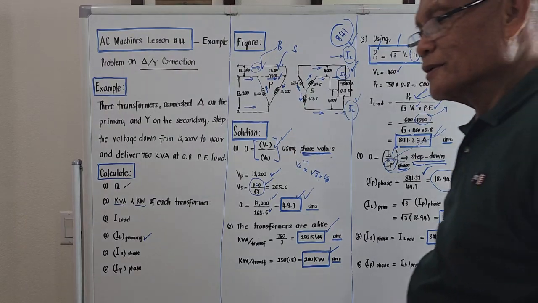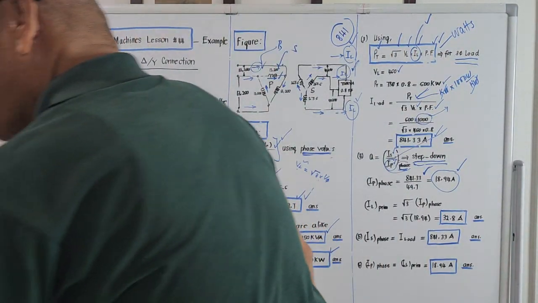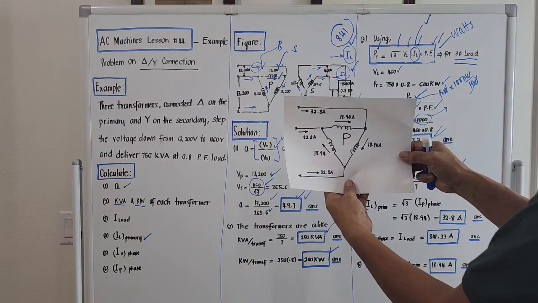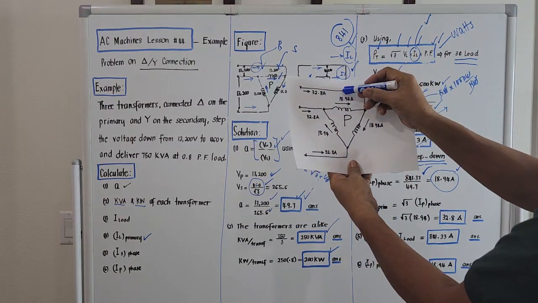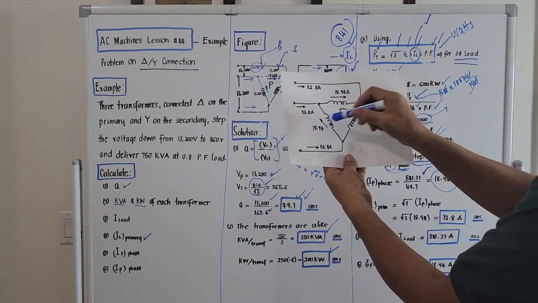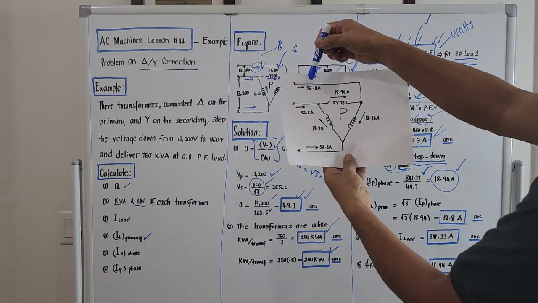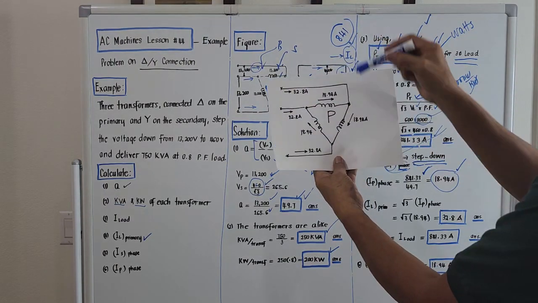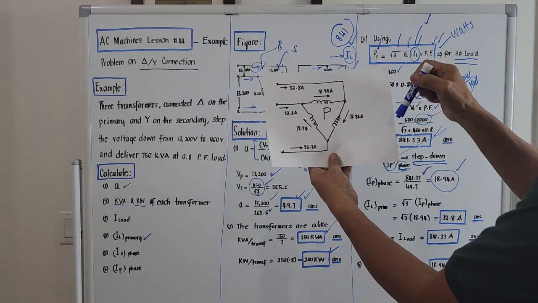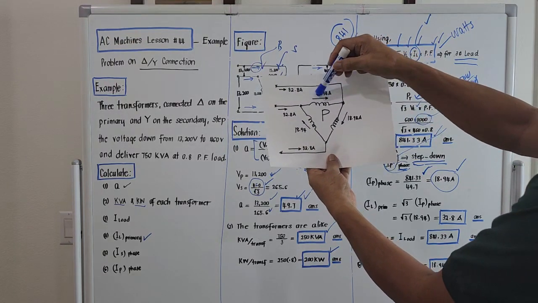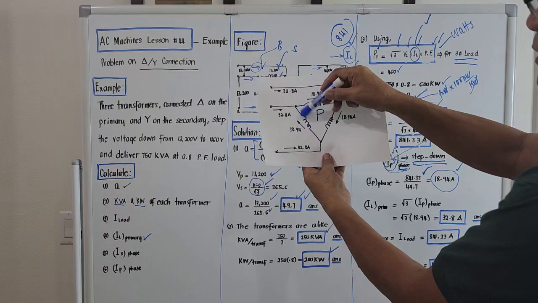What's the connection on the primary? It's delta, right? We computed this one already as 18.94. But that's why if we compute for the line current, it should be bigger because the connection is delta. And this line current is the vectorial sum of 18.94 plus this 18.94.